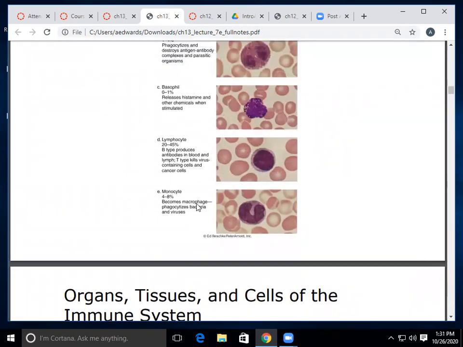The lymphocytes, 20 to 45%: the B type makes antibodies in your blood as well as lymph. Your T type kills cells that have viruses in them, and they also kill cancer cells.